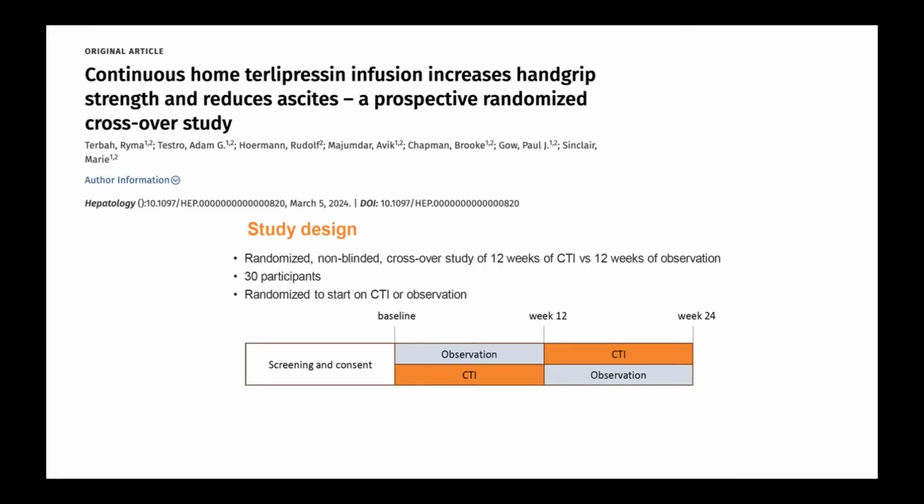And you could hypothesize that if you are able to revert the splanchnic vasodilation, you will be able to deactivate the hormonal systems that lead to sodium retention and eventually renal vasoconstriction. So this was published last month in Hepatology, and was presented also last year at AASLD.